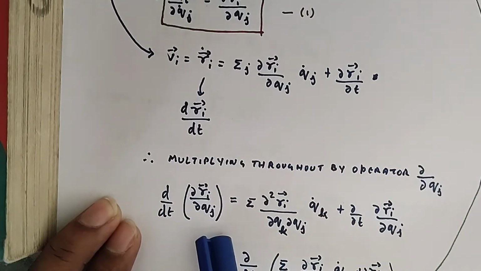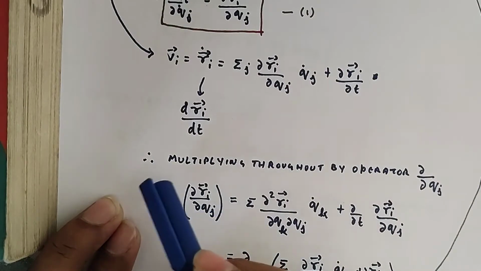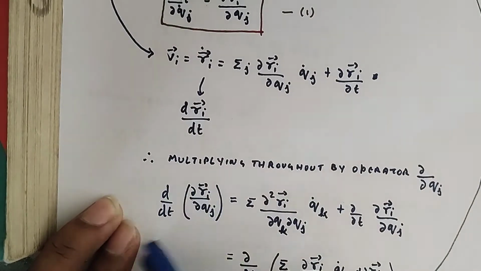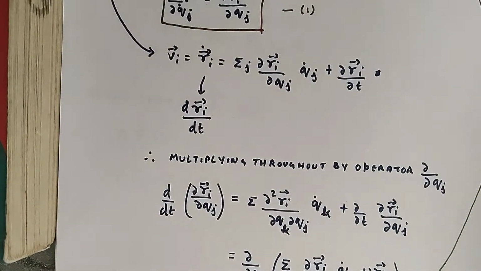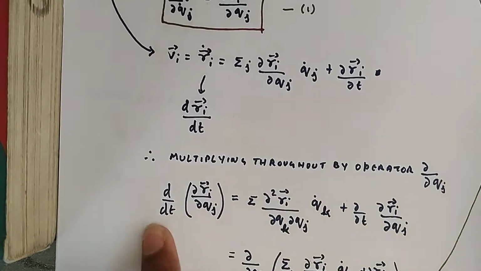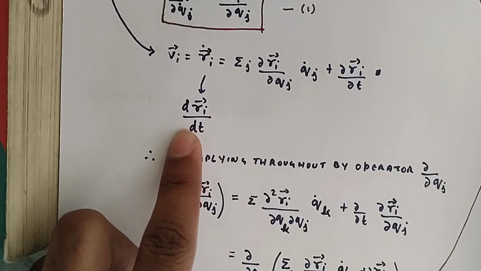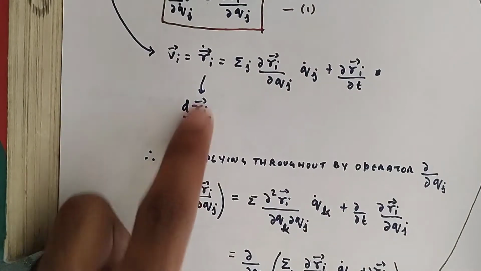So dou ri vector upon dou qj, the whole operated by this particular operator, which is d by dt. This is not a partial derivative, because see here, it does not have a partial derivative.